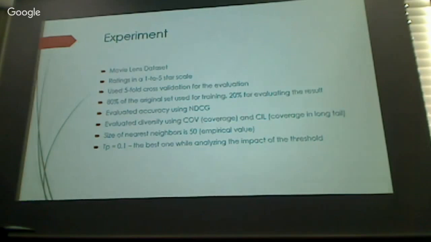The size of the nearest neighbors was 50, which was just an empirical value that they used, and the threshold to divide the popular items from the less popular items was selected to be 0.5, as this was the best one while analyzing the impact of the threshold.